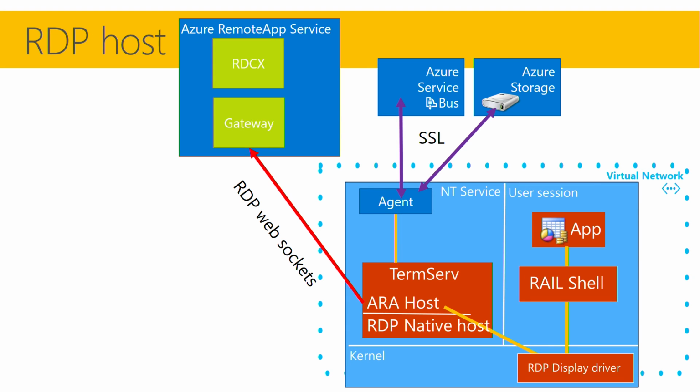RDP host. So I talked about we don't use the inbox term serve, and the primary reason we do that is for our flexibility and agility. We're constantly making updates, looking at client telemetry, and just as we have client improvements, we actually do it on the host side also. So this is kind of just a general flow. Fundamentally, we needed to change it because the way our client works, we're using Azure Service Bus to listen to those incoming requests.